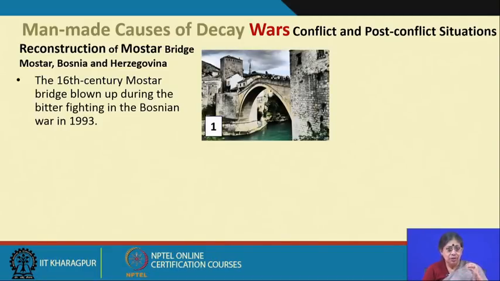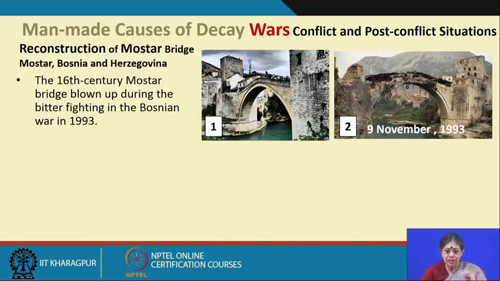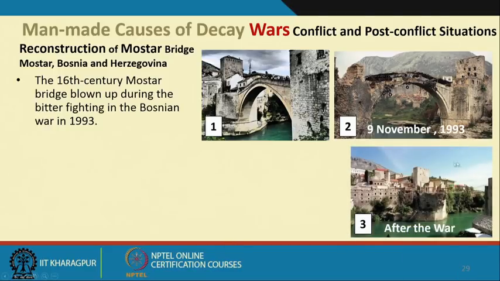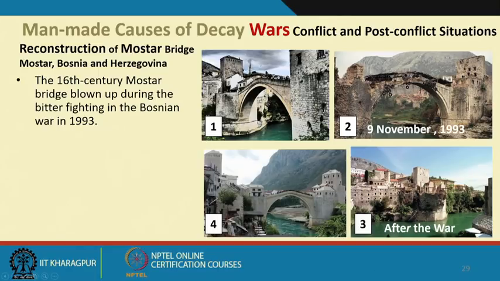Another example, which I have talked about a lot, is the Mostar Bridge. It was a 1670 bridge, and due to bitter fighting it was destroyed. As you can see, this was the old bridge, and this is on 9th November 1993, when it was damaged by the war. After the war, there was nothing there. Now it is a World Heritage Site, it has been reconstructed, and it is a totally new one.